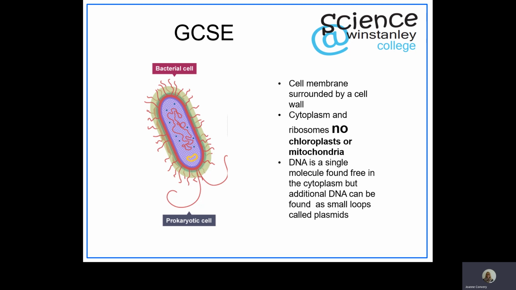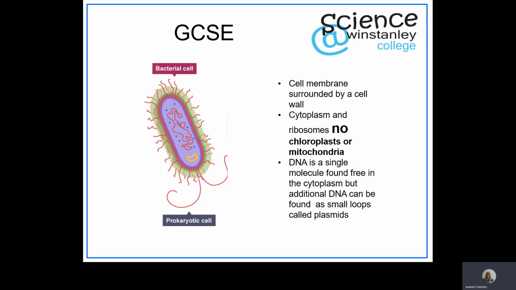This is an image taken from the GCSE revision website. The structures at GCSE you were expected to know about is that a bacterial cell would have a cell membrane, surrounded by a cell wall, and it would have a cytoplasm which contained ribosomes but no chloroplasts or mitochondria.